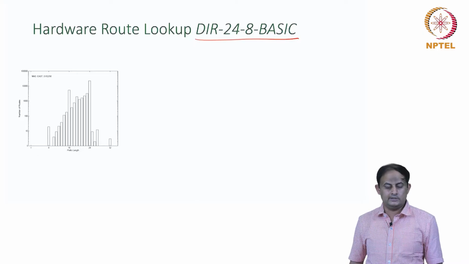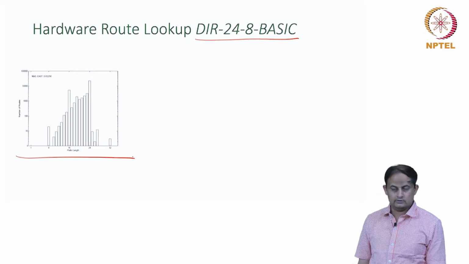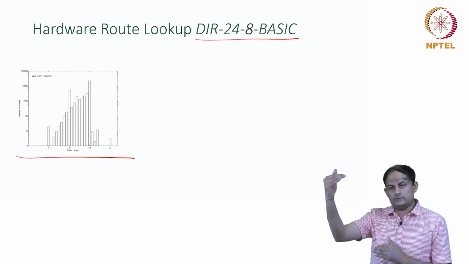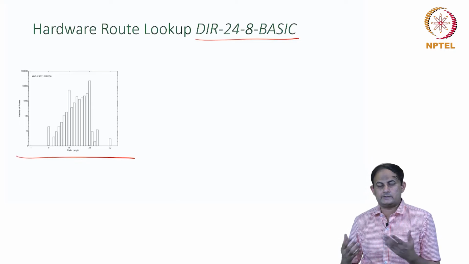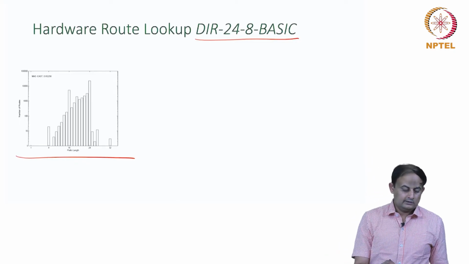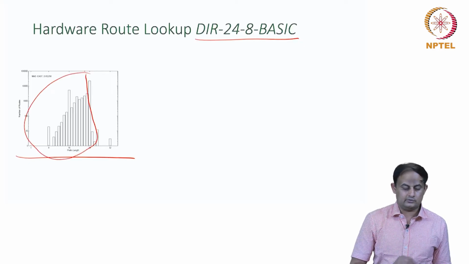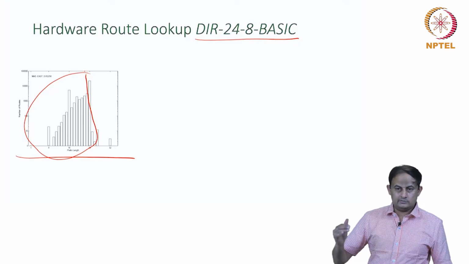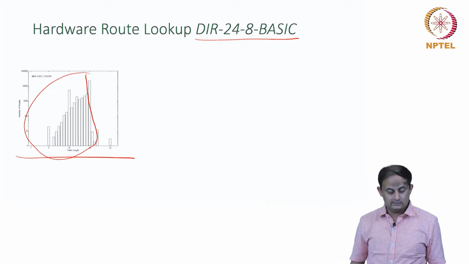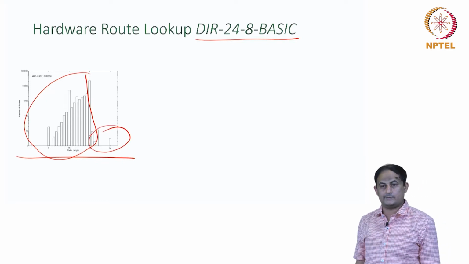What they did is, they took some practical router forwarding tables and looked at the distribution of the prefixes in those forwarding tables. It turned out that the maximum number of the prefixes are concentrated up to length 24 or less than that, and beyond 24 there are only a few prefixes.